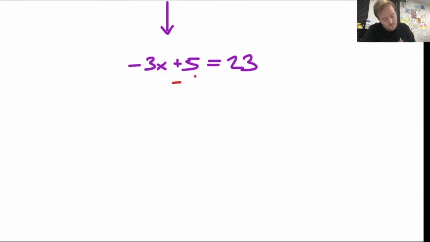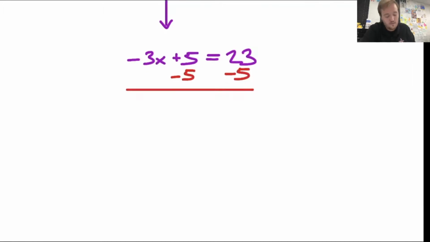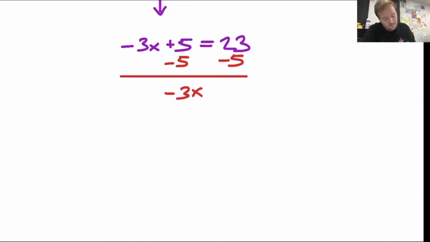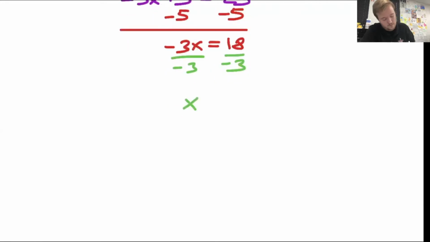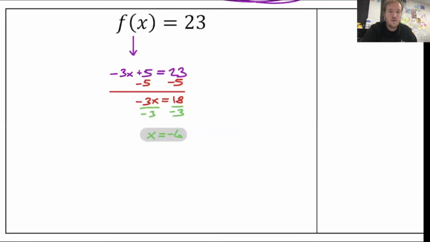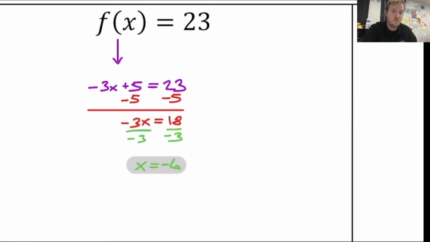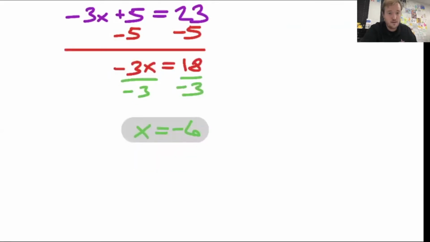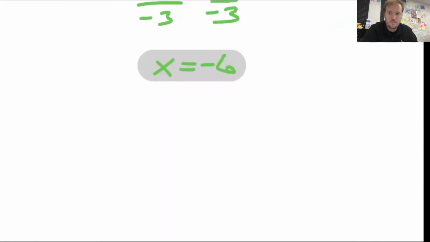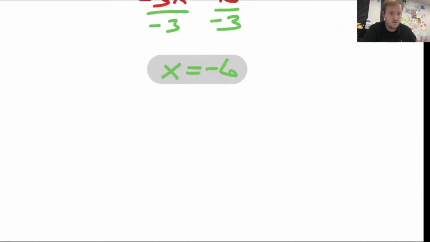So follow the same ideas, so inverse operations. So negative 3x equals 18. Divide. So x equals negative 6. Okay. So remember, we're given the y, so we want to find the x. So you don't necessarily have to write some fancy function notation for these. It's just an x equals.